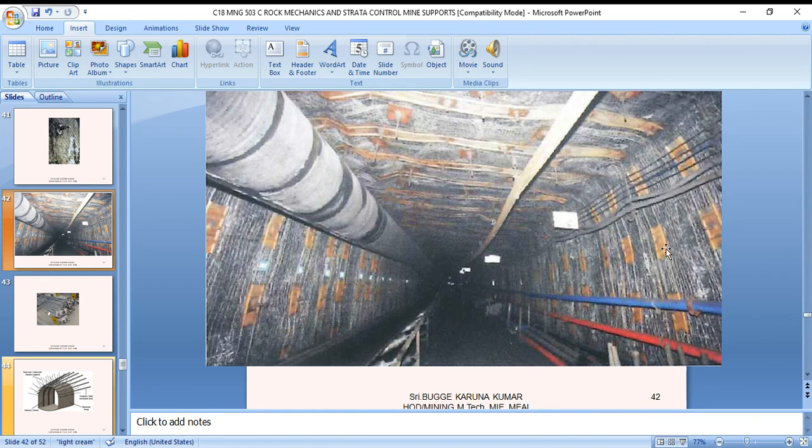This is a well planned supporting system convenient for the belt conveyor. If any erection like props or chocks were there, it would interrupt the movement of the conveyor system. So this is a good roof condition, where the loose corners and area can be suitable for the belt conveyor transport system.